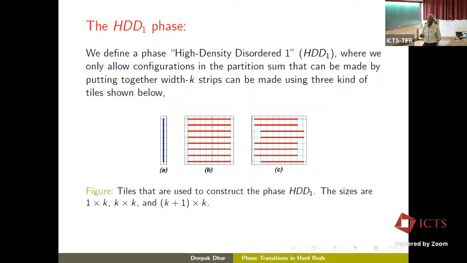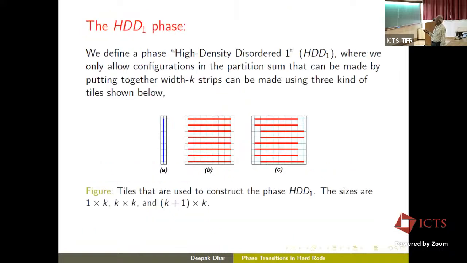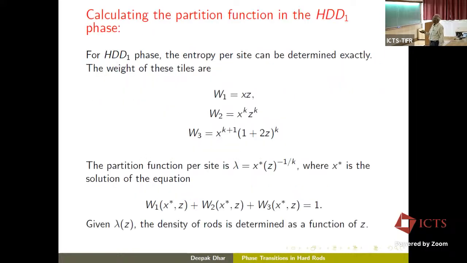It is easy to calculate, and then I can again do the tangent construction. So this is just calculating the partition function of HDD1. So there are weights of these tiles. X is the weight for each column, Z is the weight of the number of k-mers put inside, and W1 is XZ because W1 was this one. There is only width 1 and only one rod.